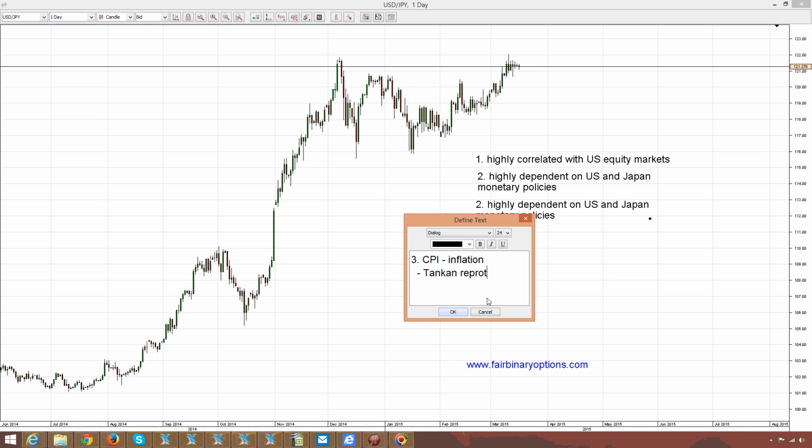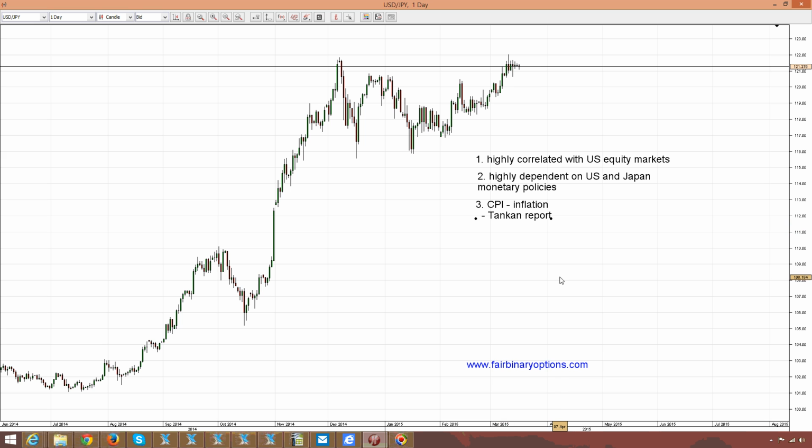This Tankan report in Japan is a report that reflects the state of the whole economy, and basically you know if the economy is in recession or in expansionary territory by looking at the Tankan. The Central Bank, or Bank of Japan, is highly influenced by the Tankan report.